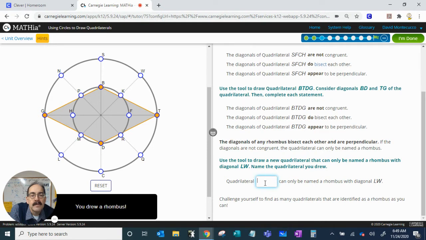Quadrilaterals. BTDG can only be named a rhombus with diagonal LW. So, if the diagonal is here, LW, we want to go up, over, down. So, how about WRLP?